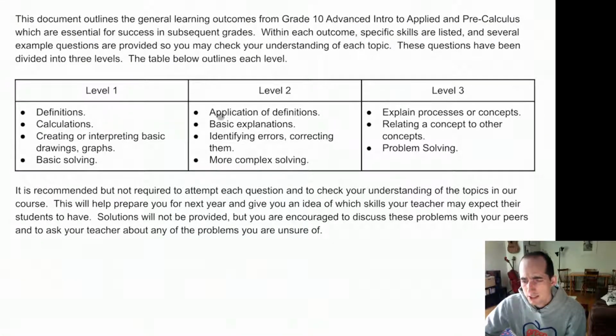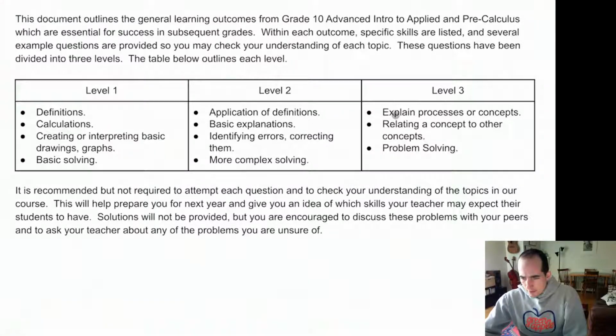Level 2 is just an application of those definitions. So are you able to apply the definitions that you know, explaining some things, identifying some errors. So if you saw someone else's work, could you see where they went wrong, or possibly your own work? And then, of course, more complex solving.